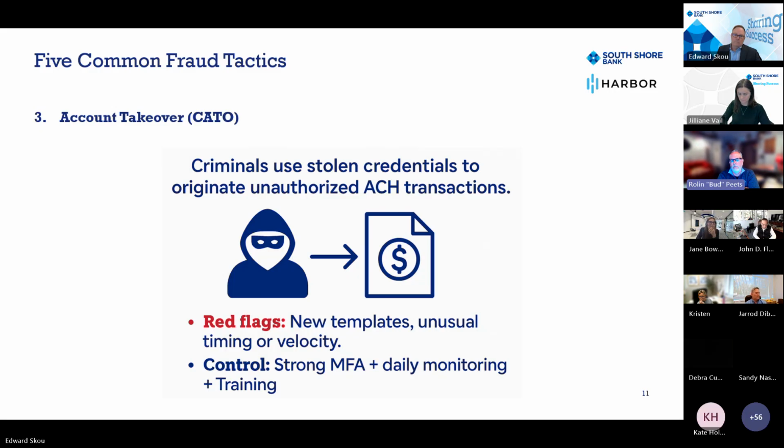I want to keep a low profile, but the red flags relative to account takeover: new templates, unusual timing, or velocity, or relative to the types of and number of requests that would lead to an unauthorized change from an ACH perspective. So I mentioned multi-factor authentication. That's prevalent through many of the controls that we like to see. And then, on top of it, security is not just a one-trick pony, right?